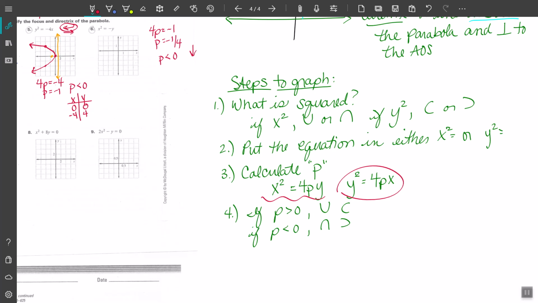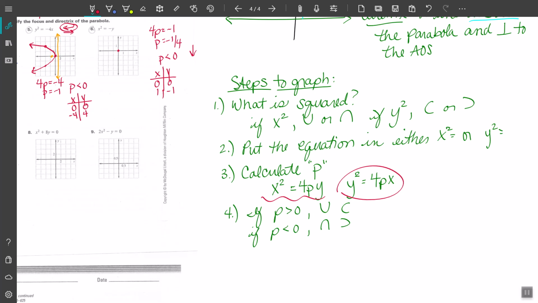And then I'm going to make a table. Again, plugging in 0 for my x, I'm going to get a y of 0. So again, it's going to be at the vertex, the origin. And then if I plug in 1 for x, I'll get -1 out for y.